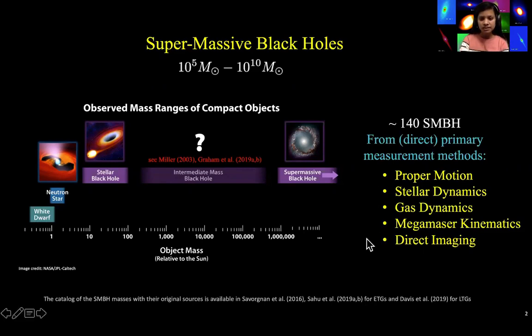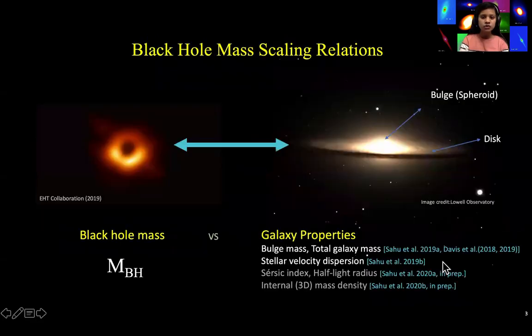For their host galaxies, we obtained high resolution and large field of view images and analyzed the correlation between black hole mass and various galaxy properties. And in this talk, I'll mainly talk about the correlation of black hole mass with the bulge stellar mass, total galaxy stellar mass, and stellar velocity dispersion.